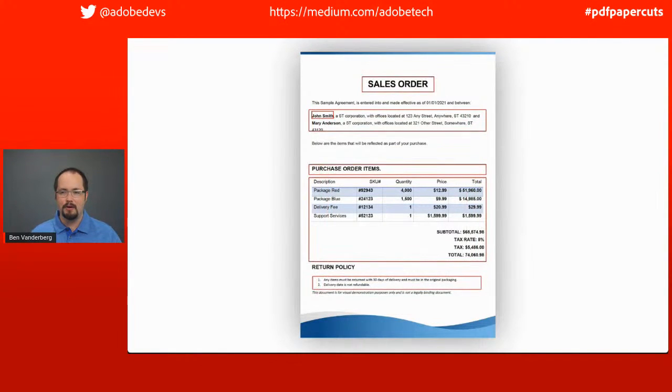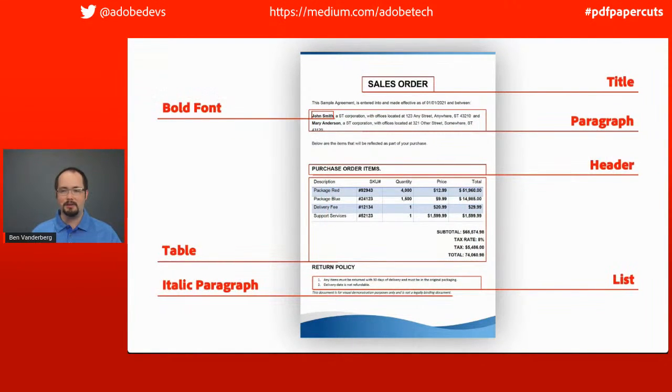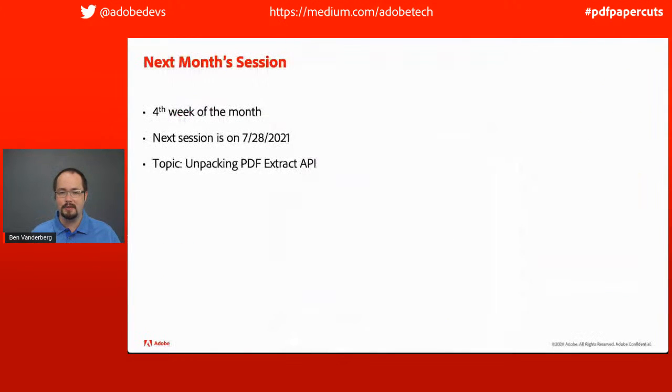We'll see how it does all that magic of understanding the structure of those PDFs and extracting that out, and Joel's actually going to walk us through that a little deeper. The next session, in the fourth week of the month, will be on July 28th, and it's all about unpacking the PDF Extract API. So please come join us during that session.